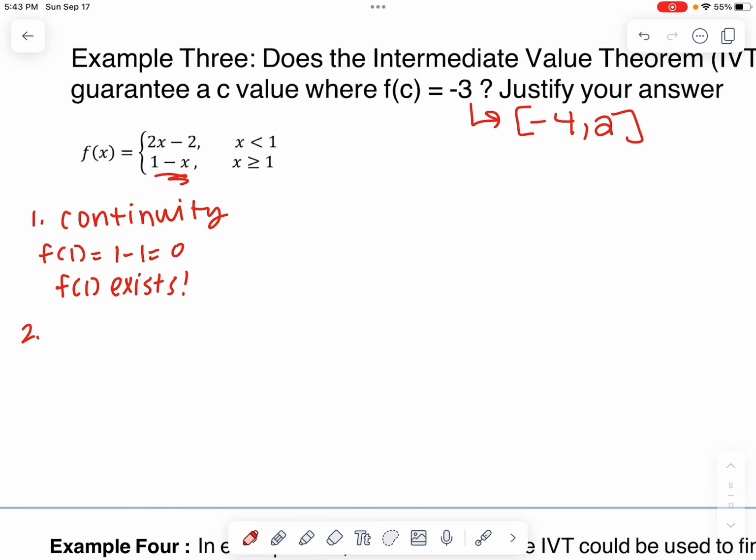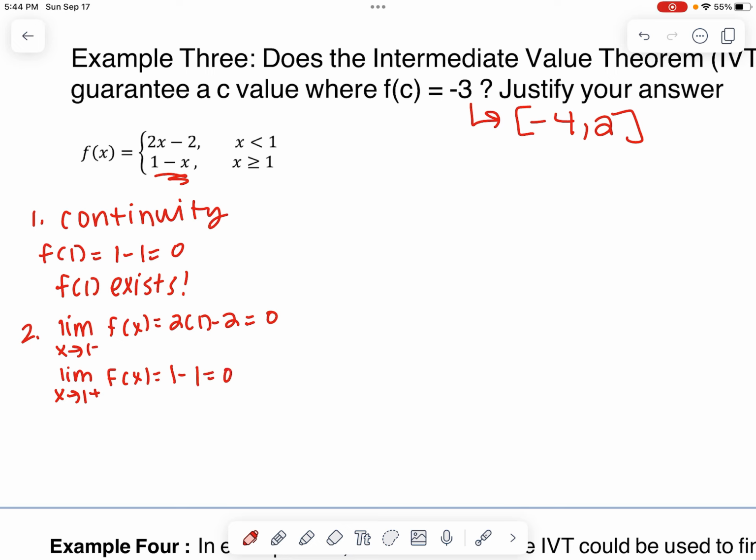And so because I'm concerned about 1, I'll check the left-hand and the right-hand limit. So for the left-hand limit, I'm going to use that top function because that's where the values are less than 1. Therefore, they're approaching from the left. And so I'll do 2 times 1 minus 2, and that will give me 0 because 2 minus 2 is 0. And then we will use the bottom function to find the right-hand limit, but we already know that's 0 because we've already plugged in 1.